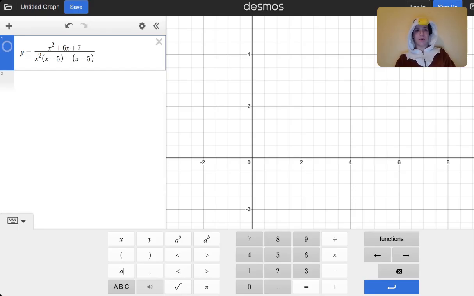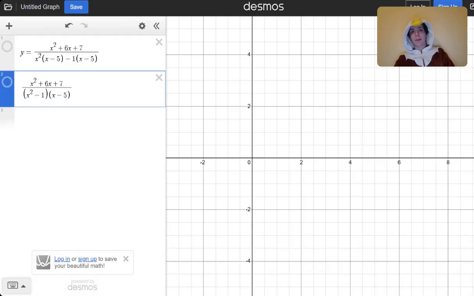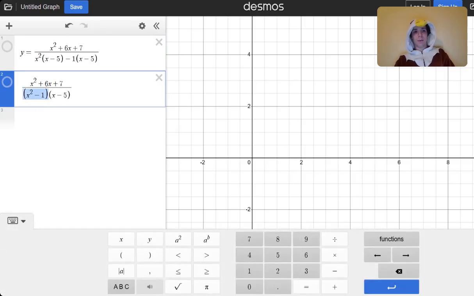So now we can just factor it because this is a 1. So we have x squared minus 1, x minus 5. And then x squared minus 1 becomes x plus 1 times x minus 1. And now we've factored the denominator, so we know the zeros. So the zeros are going to be at x equals -1, x equals 1, and x equals 5.